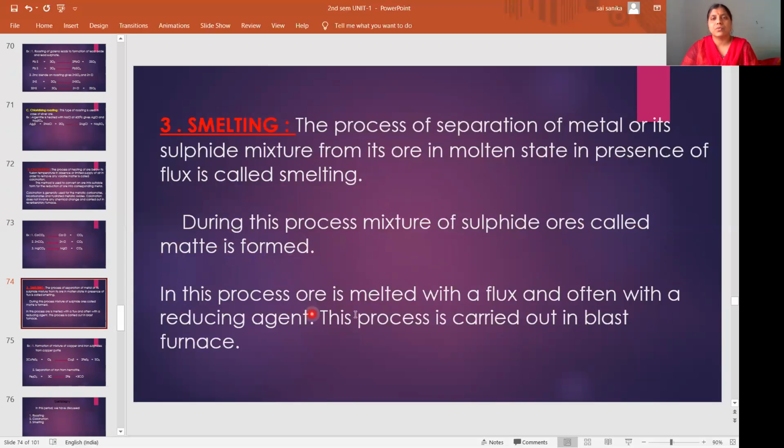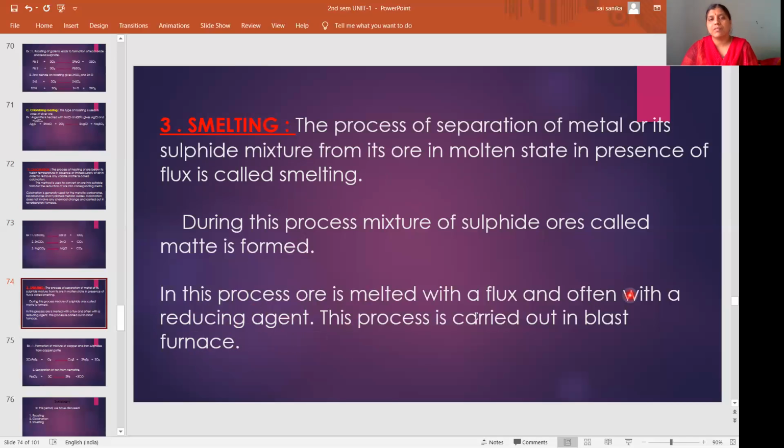In this process, ore is melted with a flux and often with a reducing agent. This process is carried out in a blast furnace. So we will add some flux, then we will heat it and add some reducing agent, because that oxide ore should be reduced.